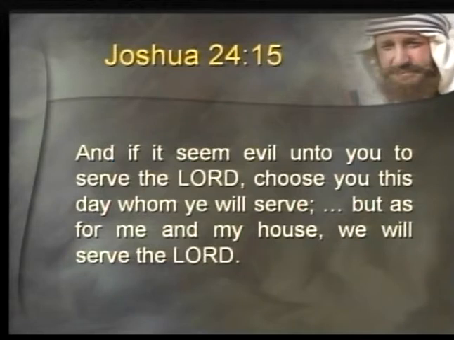Joshua 24, verse 15: "And if it seem evil unto you to serve the Lord, choose you this day whom ye will serve." But what does Joshua say? "As for me and my house, we will serve the Lord." Joshua gives the nation of Israel a choice.